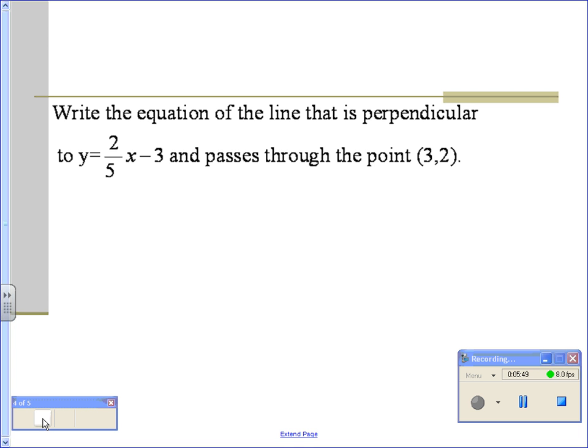It says find the equation of the line that is perpendicular to this line and that also passes through that point. So what? The slope of this line is 2 over 5.